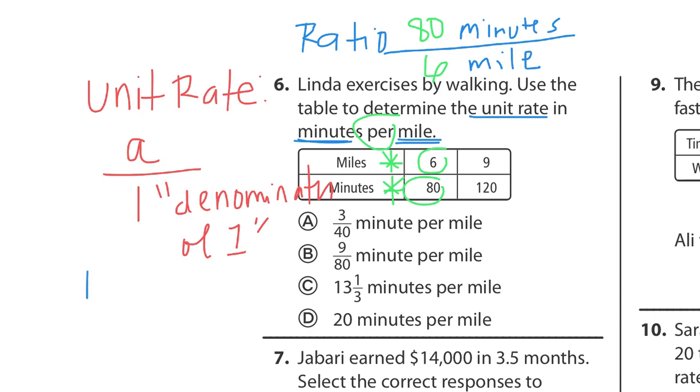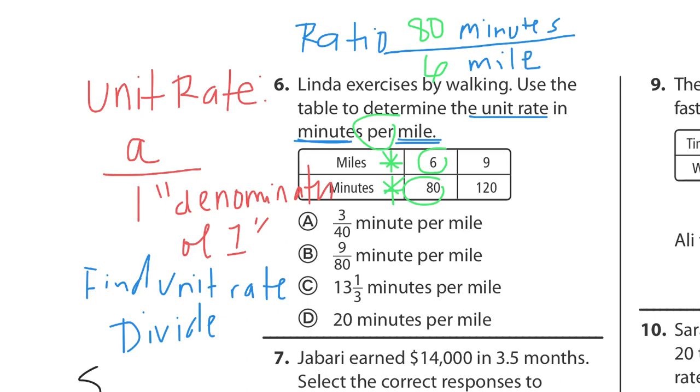So to find unit rate, I need to divide. That means if I have 80 over 6, I'm going to divide by 6 so that I get 1 in the denominator, 1 mile.